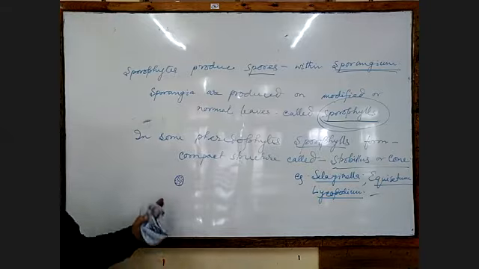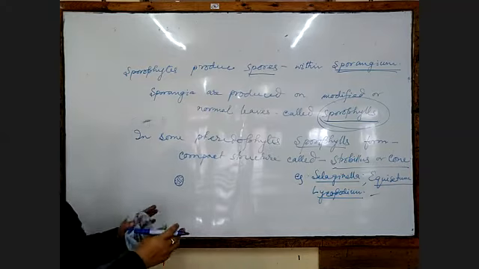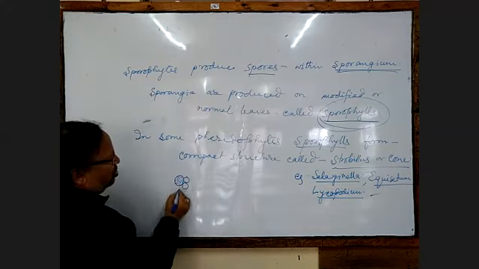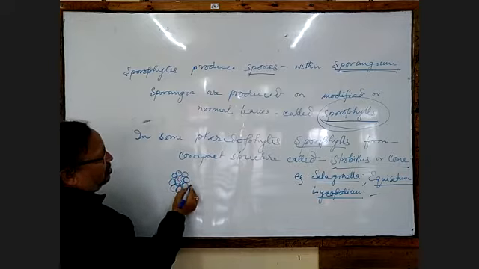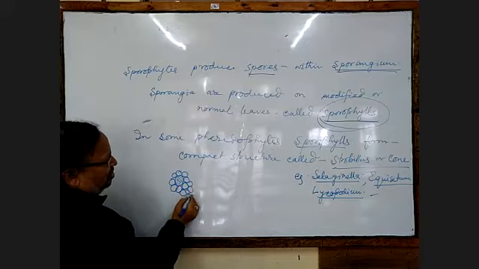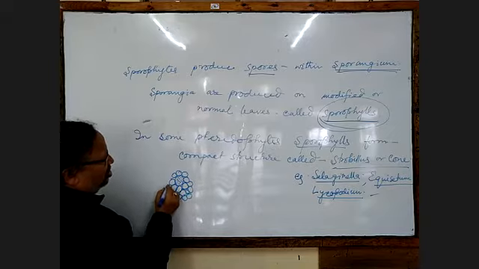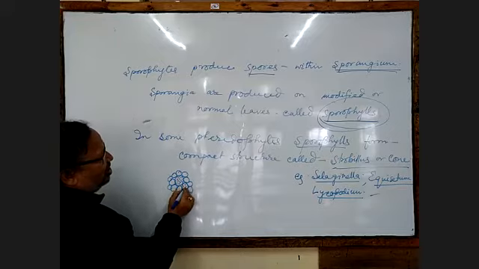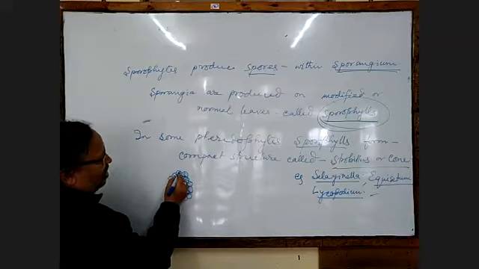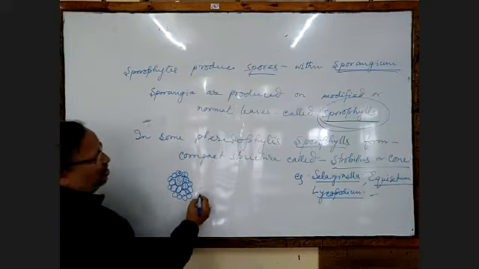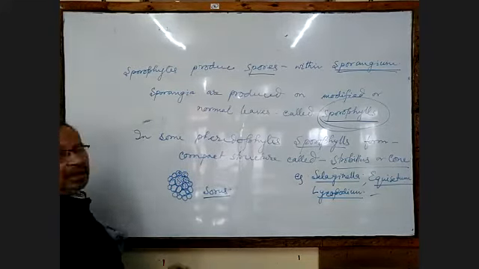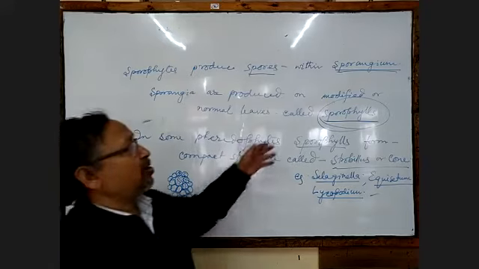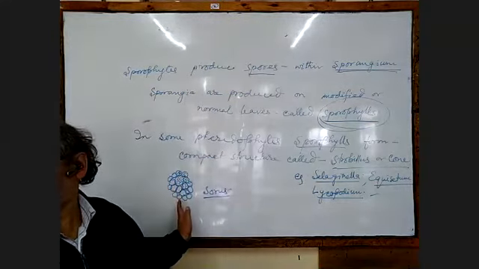In ferns, many sporangia grow in groups. Maybe 100 or more sporangia again within one cluster. And this clustered condition is known as sorus. Okay? So they may be organized into sori on the leaf.